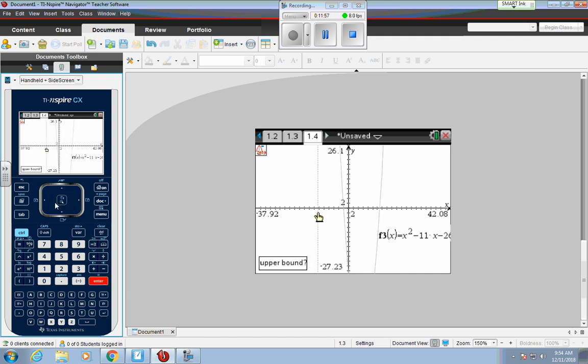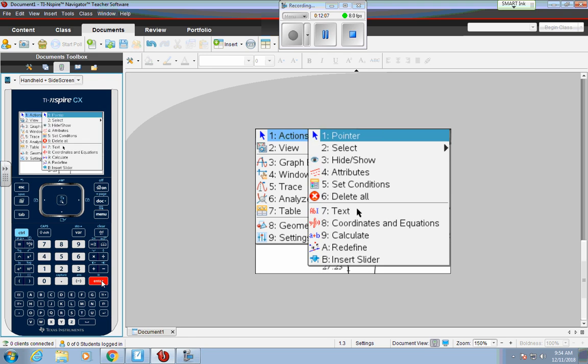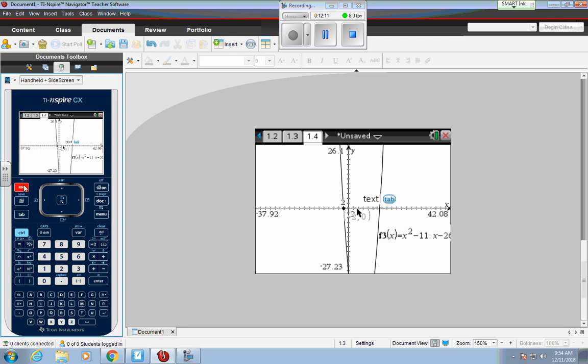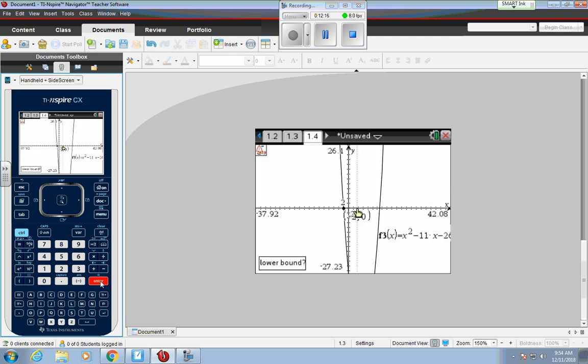Lower bound, upper bound, and you can see it's (-2, 0). And then you can find the other one as well. Menu, Analyze Graph, there's your zero. Lower bound, upper bound, and there's your (13, 0). So you can use that.